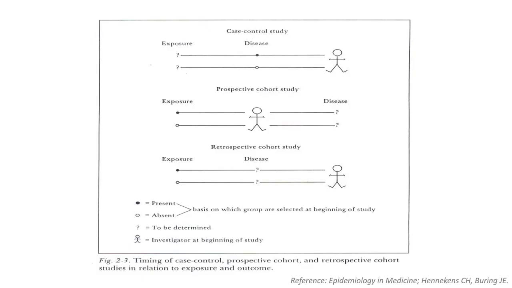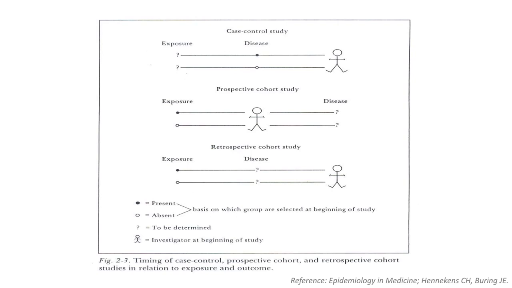Interestingly, she didn't teach her book. She taught us a course, but the book that we followed was Rothman's Epidemiology. But this book is actually also very good, especially if you are interested in clinical epidemiology. You'll find this book very useful.